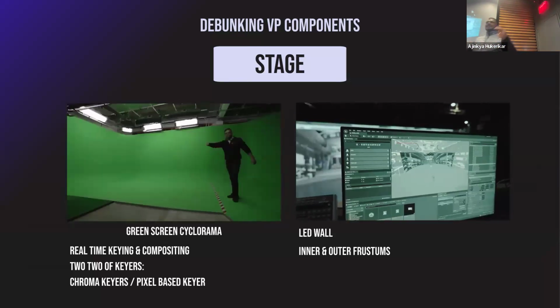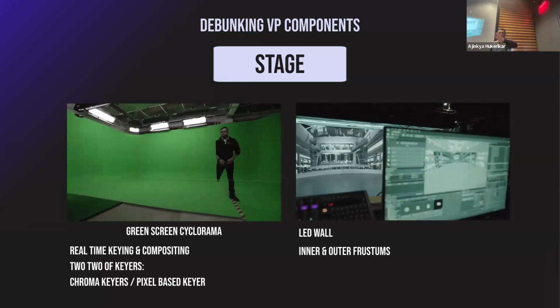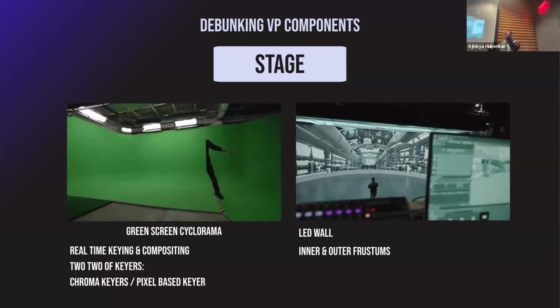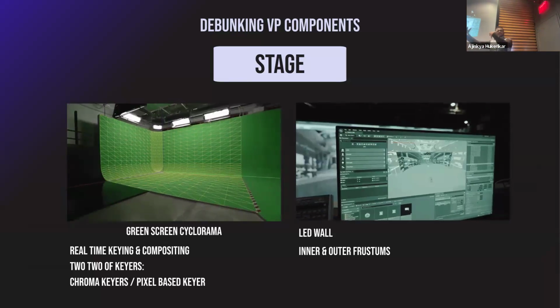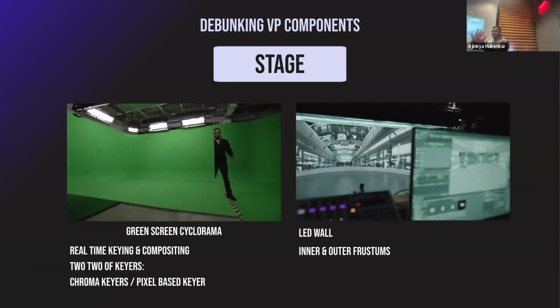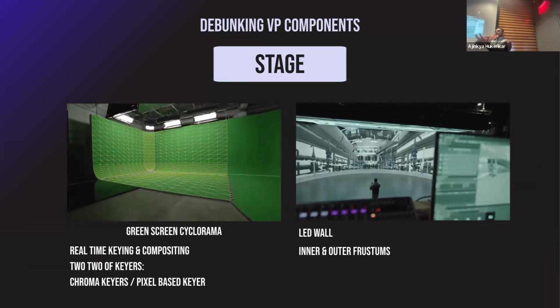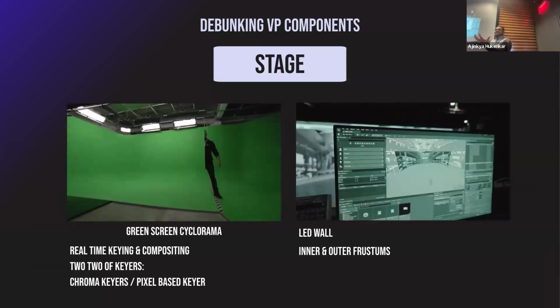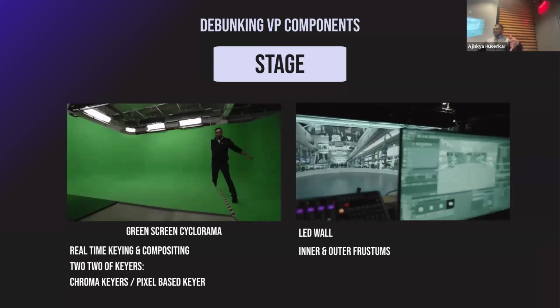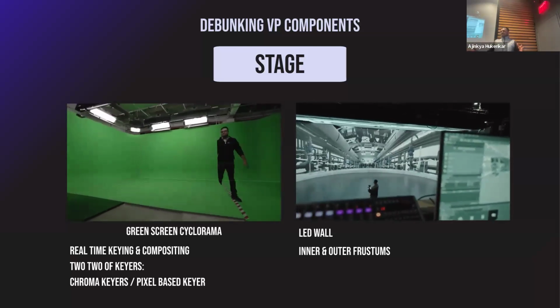You're essentially creating a wireframe, whether it's green screen cyclorama or LED wall, which is basically aligning on either the LED wall or the green screen cyclorama. And then this wireframe is essentially used to get the greens out and use that as a canvas to put your virtual set in, if that makes sense. Is this clear or confusing?